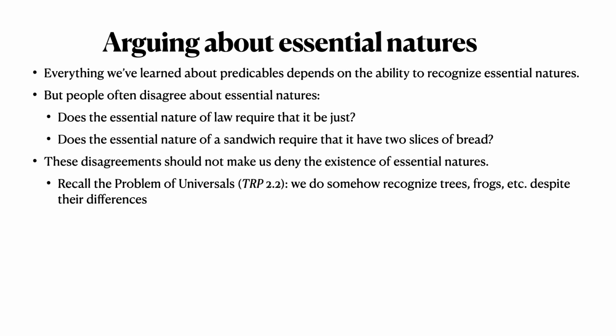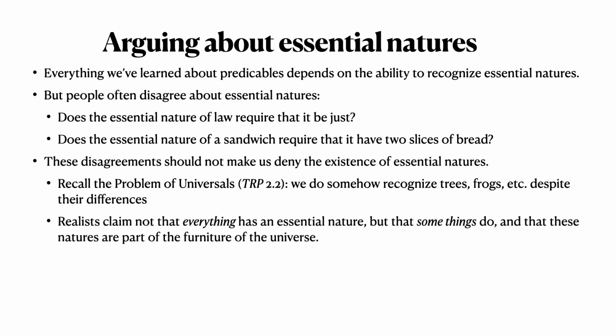And the same with frogs and all the other things that we see in the natural world. So this idea that we have universals and that we recognize them somehow and that there must be something that they all have in common, something that they share, that is simply our experience of the world, and we're trying to make sense of that by talking about the essential natures. That's why we're talking about them.